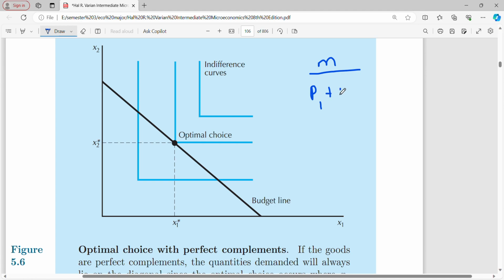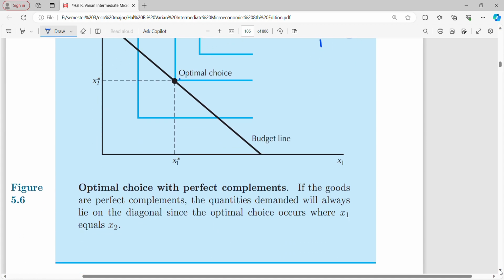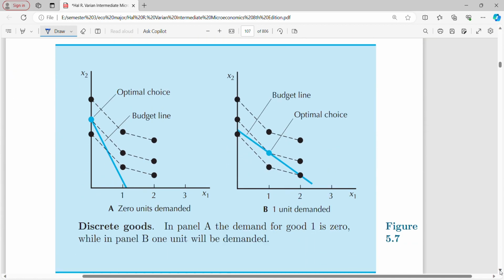If the goods are perfect complements, the quantities demanded will always lie on the diagonal, since the optimal choice occurs when X1 is equal to X2. So the optimal choice will be on the diagonal only. Got it, I guess.